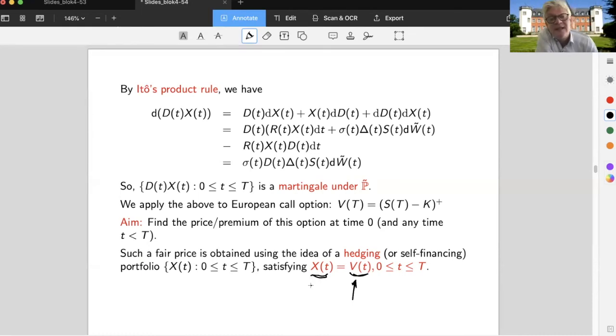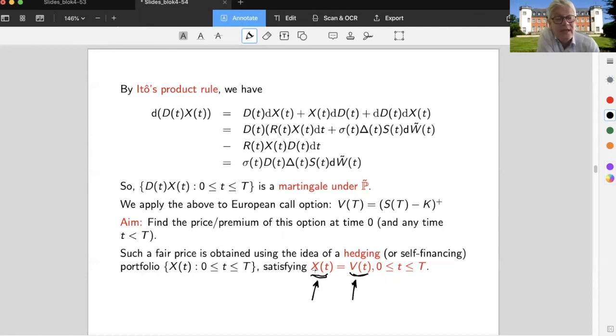And by rebalancing the delta, by always changing the delta, at any time that portfolio process should be equal to the value of the option, and particularly at final time, the value of the portfolio that is owned by the writer of the option should be equal to the value of the option that is owned by the holder of the option. So if there is money in the option, then the money should also be in the hands of the writer in the form of the portfolio process. That is the idea. For any time, they should be the same.